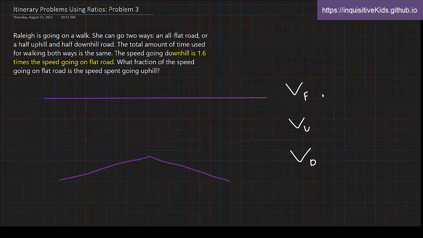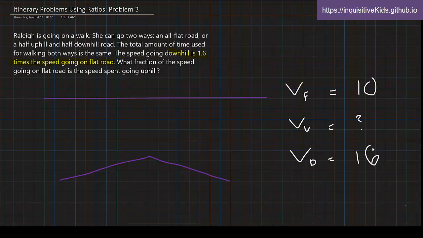So for example, we can set the speed going flat as 10, and the speed going downhill as 16. And the speed going uphill, well, we don't know yet.